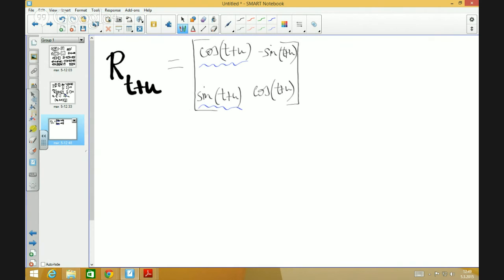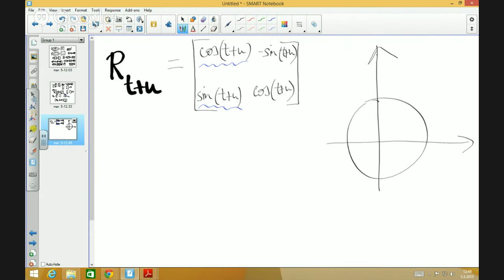Now, suppose that you want to rotate an object counterclockwise by t plus u degrees. Well, one way of doing that is to first rotate it by t degrees, and then you rotate it by u degrees, isn't it? So, pictorially, here I have my unit circle.